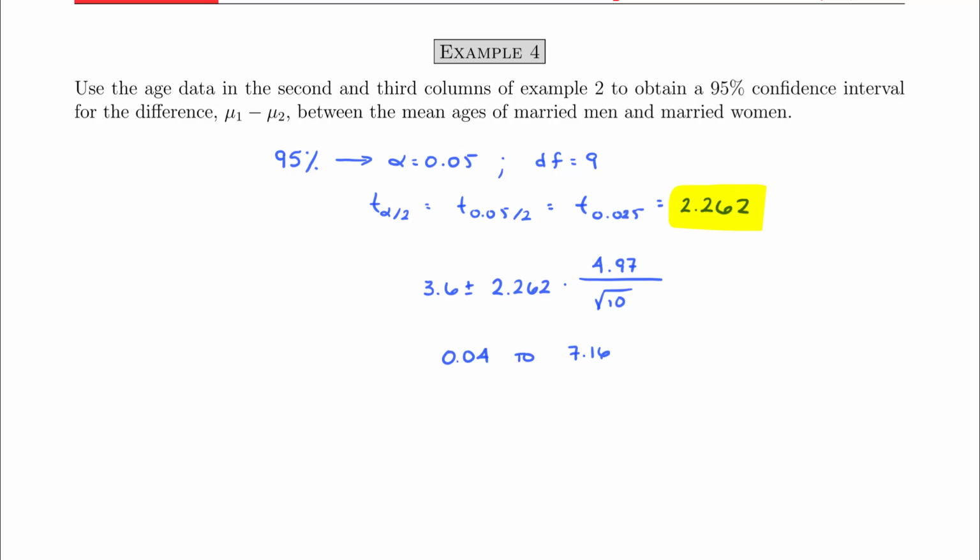So our claim is that we can be 95% confident that the mean age of married men exceeds the mean age of married women by somewhere between 0.04 years and 7.16 years. So with this test, we did find that there does exist a difference in the mean ages of married men versus married women, and we've also found a confidence interval with 95% confidence that the mean difference is somewhere between 0.04 years and 7.16 years.